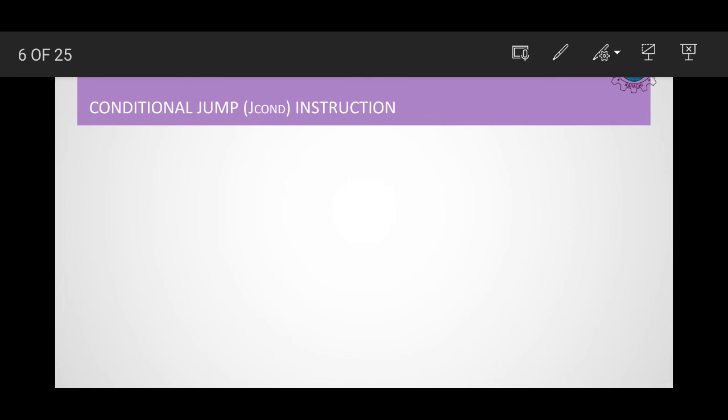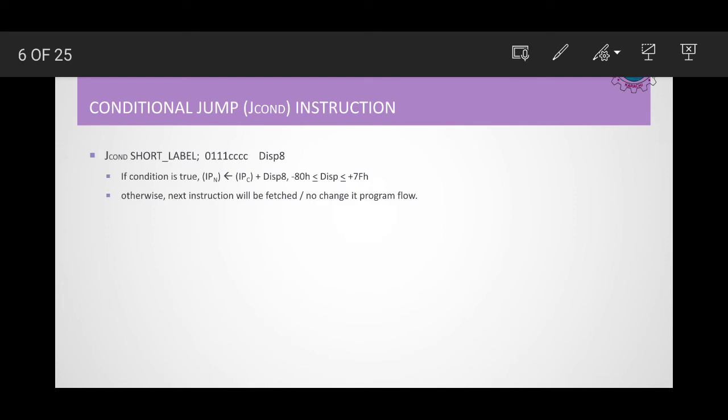Now we have to discuss conditional jump instruction. General format for conditional jump is the mnemonic of conditional jump, J condition, then a label of short type. As this instruction is of short type, that will be stored in 2 bytes. First byte is for opcode.